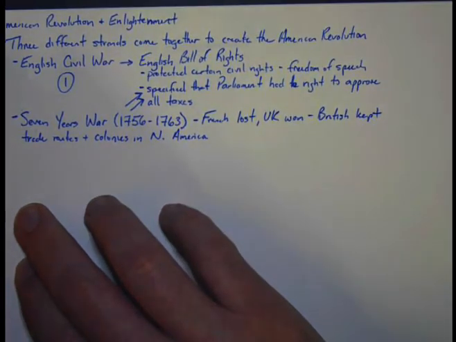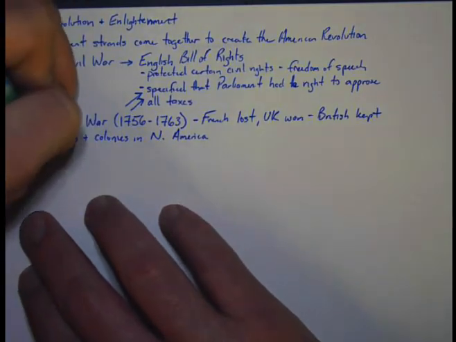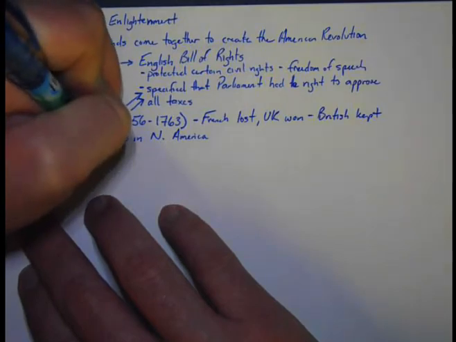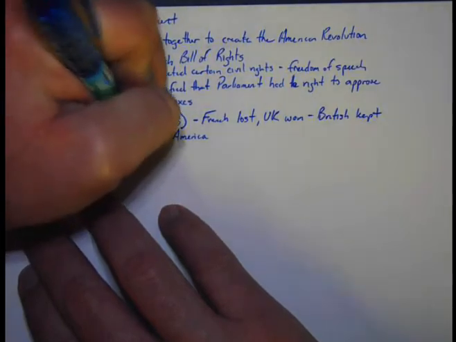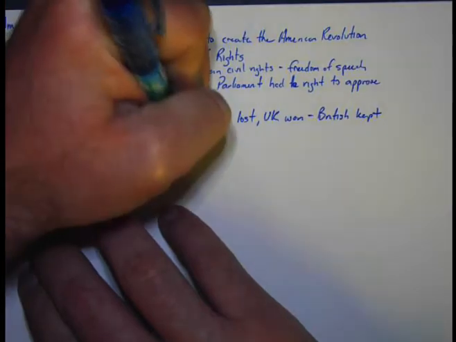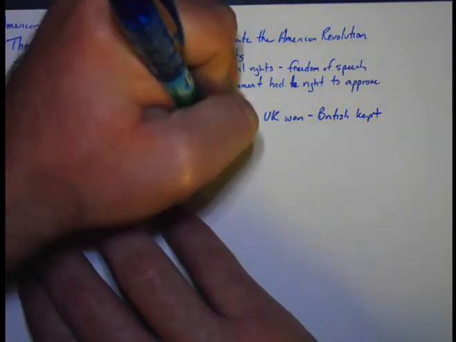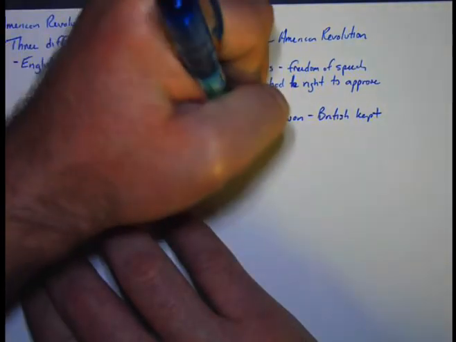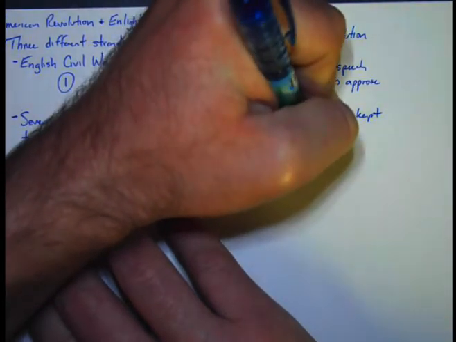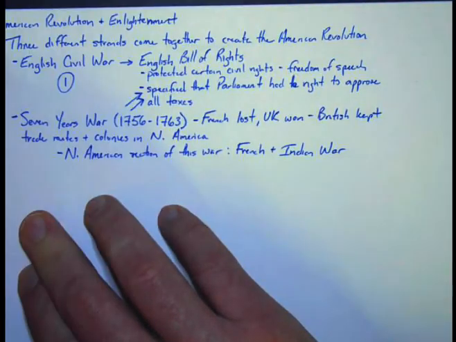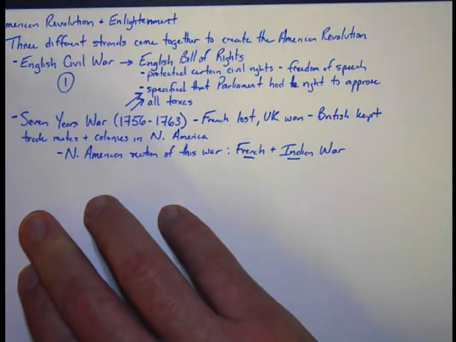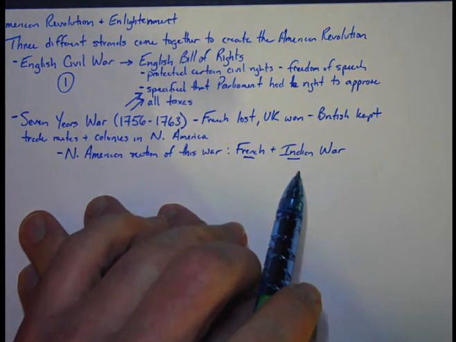Now, there is a subsection of the 7 Years' War, the North American section of this war. In North America, we call this the French and Indian War. The French and Indian War, it's called that because that's who the British were fighting. They were fighting the French and they were fighting the Indians.